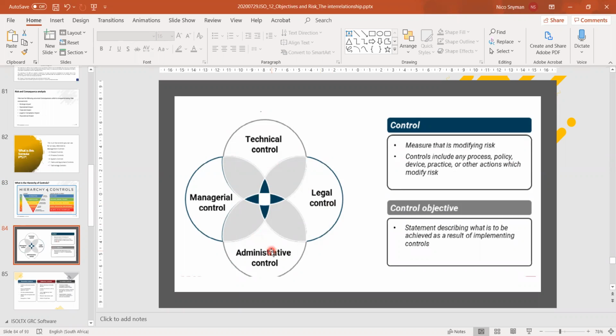Do I have administrative controls? Do I have managerial controls? Do I have technical controls? And each of these controls is controlling your objective and making sure that your objective is reached, and that you are actually driving the objective in what you are doing.